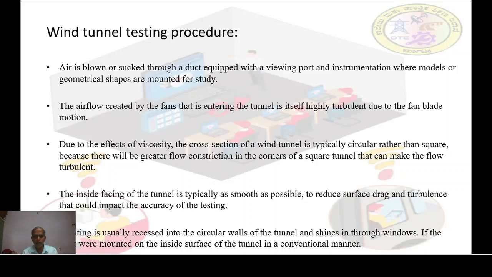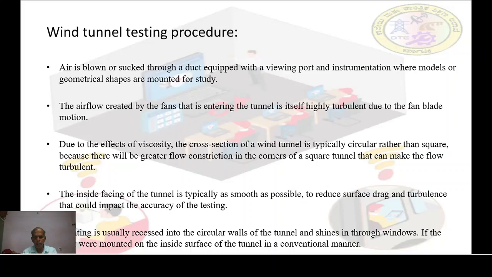rather than electric motor. The airflow created by the fans, that is, entering the tunnel, is itself highly turbulent due to the fan blade motion, and so it is not directly useful for accurate measurement.